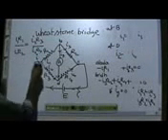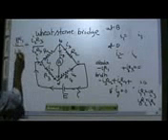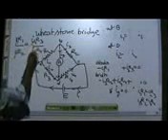So, what does this give us after simplification? I1 cancels and I2 cancels.